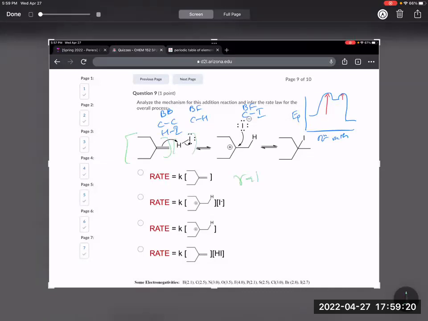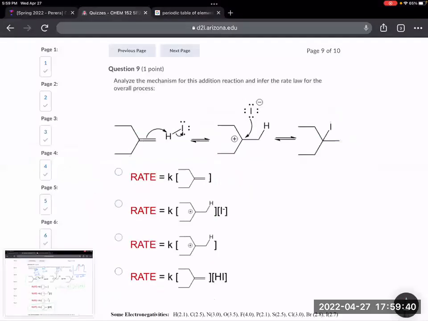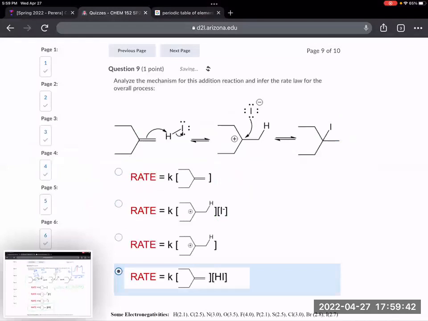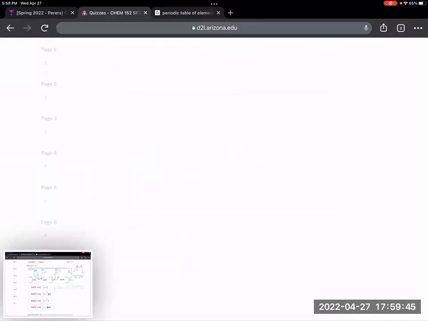So the rate law must be the rate constant times the alkene concentration times the HI concentration. And that looks like our option D. All right, moving on, let's select option D and then go to the next page.